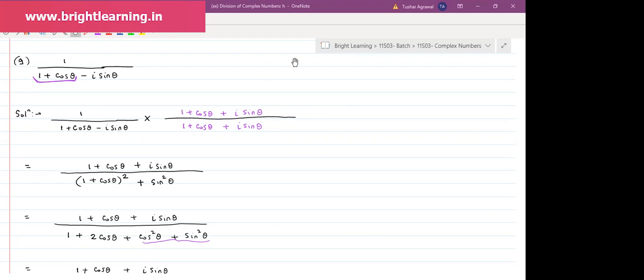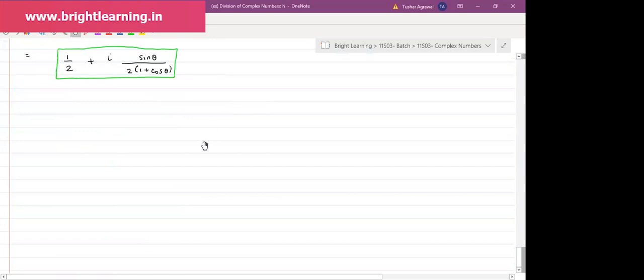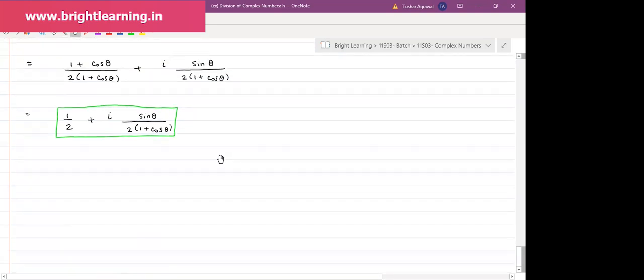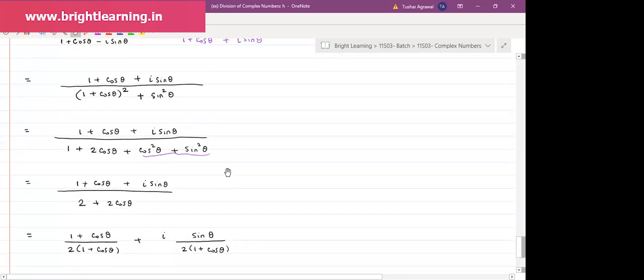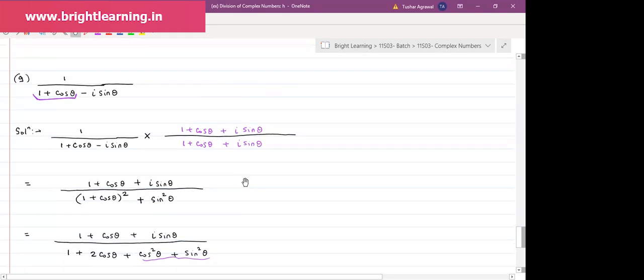Anjay, you also did not get? Sir, I thought 1 plus cos theta is sin square theta, I wrote, sir. Yes, I too wrote the same, sir. I wrote as sin theta and then I just went on, sir. 1 plus cos you wrote as sin square theta. I wrote 1 plus cos theta will be sin theta, sir. I substituted the value, sir. 1 plus cos equal to sin.